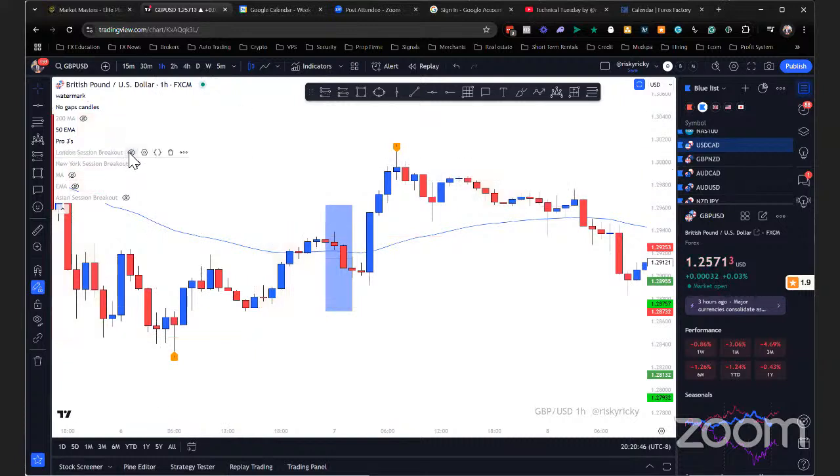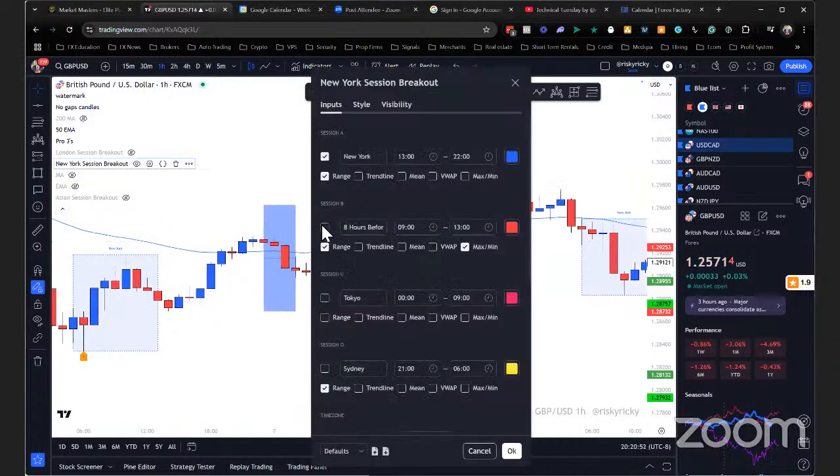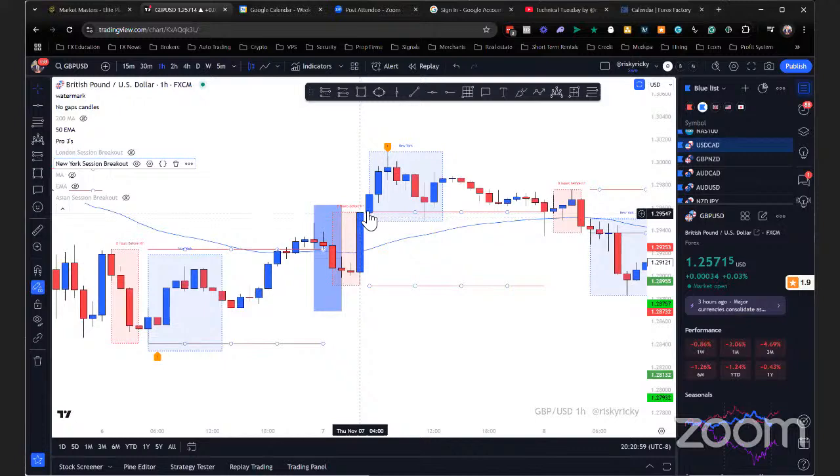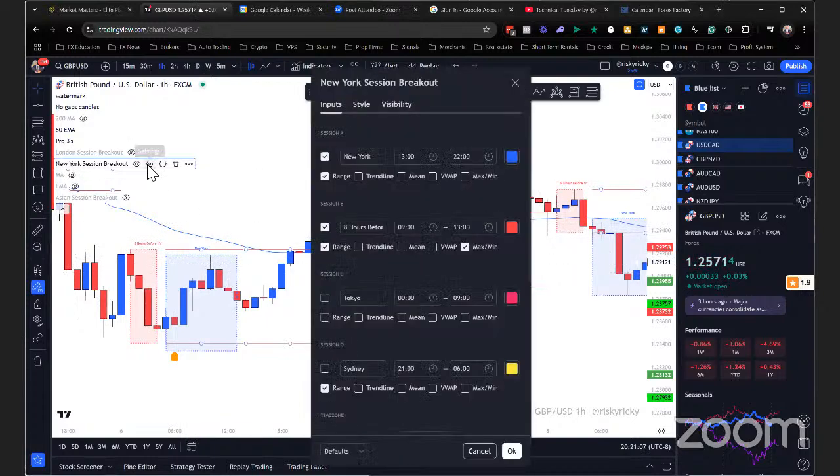Now, for New York session, it's kind of the same concept here, but for New York session, this doesn't, yeah, it is not accurate there.